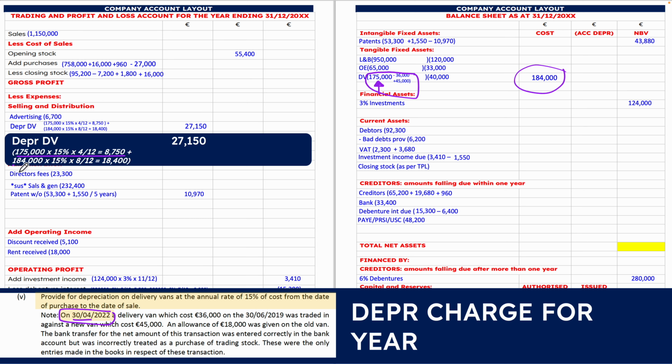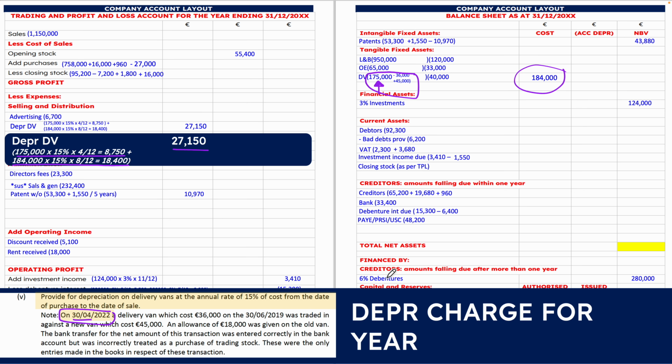Then we multiply 184,000 by 15% by 8 over 12 months, and that is 18,400. We add those together and we get 27,150 depreciation on delivery vans, and that's that.